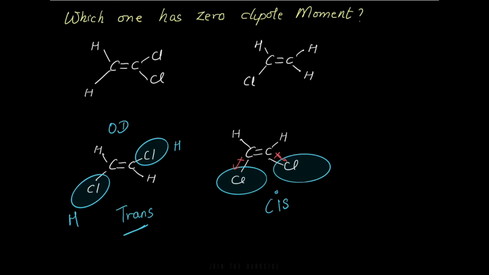Both of the dipoles are actually in the same direction, which means they are not going to get nullified. But here, while this Cl pulls in this direction, the other Cl is actually going to pull the electrons in the opposite direction, and therefore it's going to have zero dipole moment.